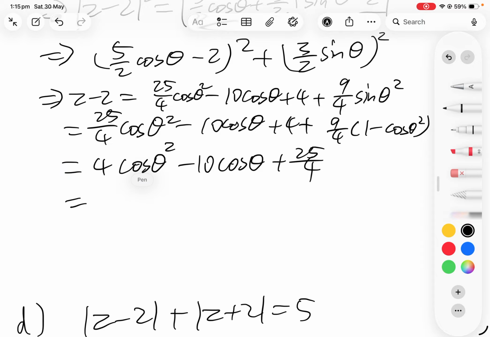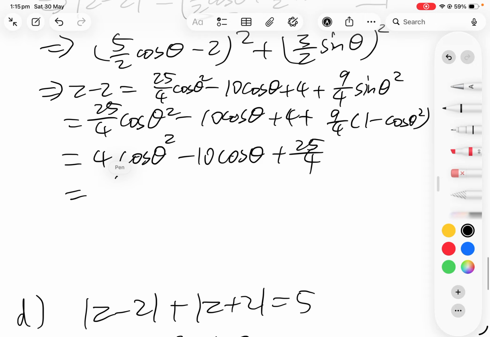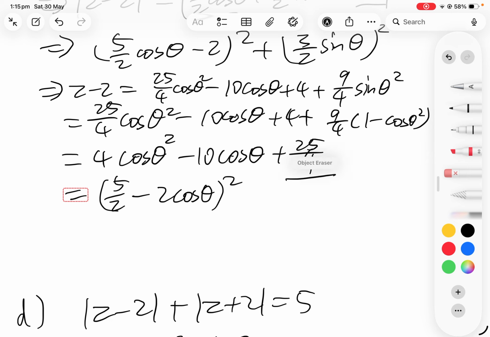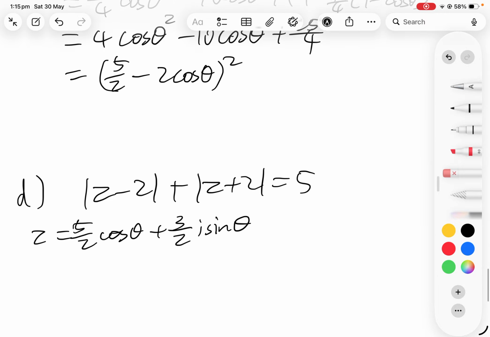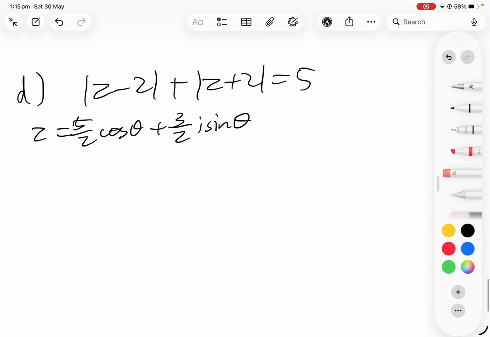It must just equal whatever it says in the question. So it's just 5 over 2 minus 2 cos theta squared. Because we don't really know how to simplify this, but if we type everything, this square root is just equal to this, right? And then if we expand it, it's probably equal to that. So when the question says give me an answer, just give it in what you're doing, right?